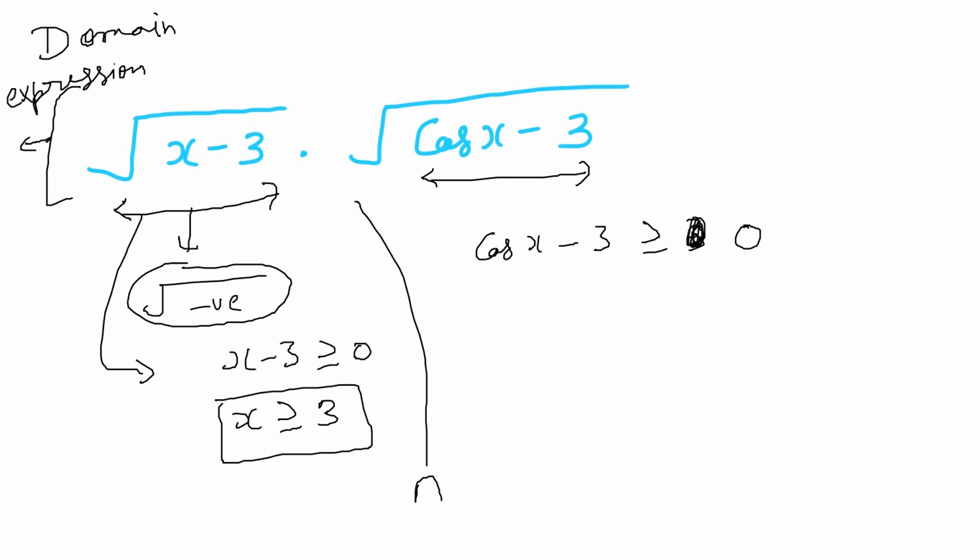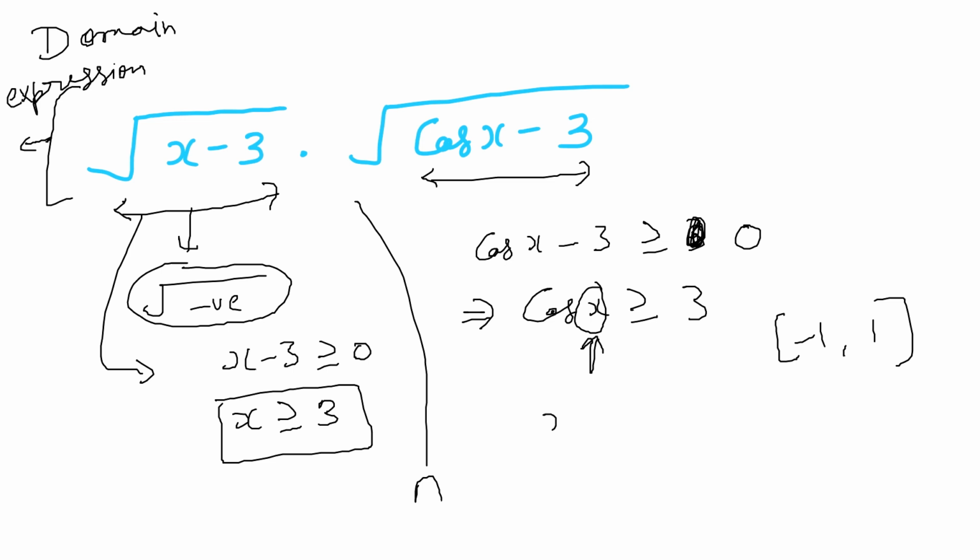So cos x is greater than or equal to 3 from the next step. Now cos x cannot be greater than or equal to 3, because we already know that the range of cos x lies between -1 and 1. So no value of x can be written here so that it is equal to or greater than 3.